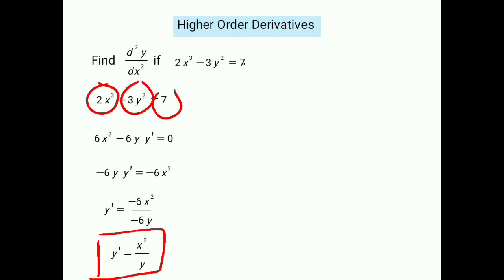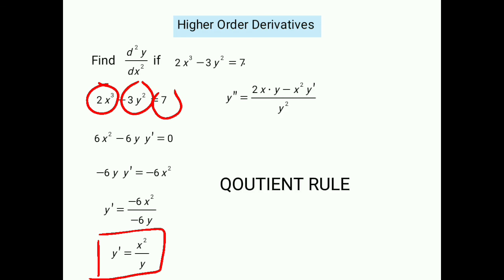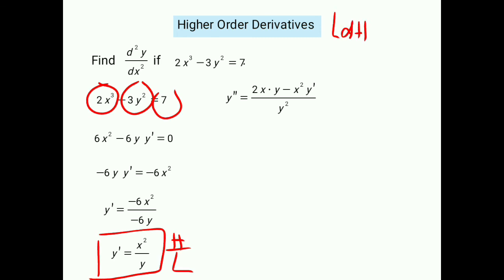Since we're looking for the second derivative, let's take the derivative further. So, for the second derivative, we're going to use the quotient rule, okay? If this is high, this is low, yung x squared is high over y is low, the quotient rule says that the derivative of a quotient is low d high minus high d low over low squared.